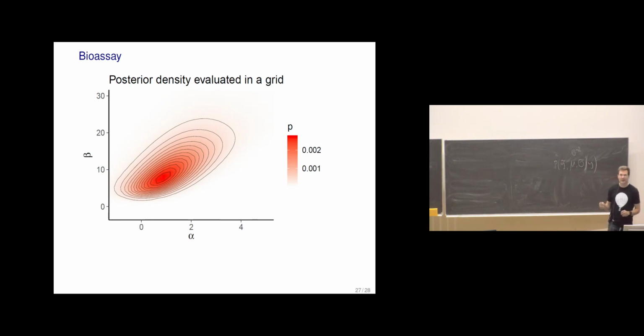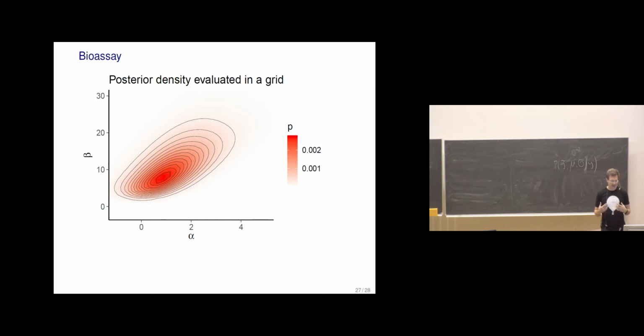Now for the computation, what we can do when we don't have an analytic solution. I have here equidensity contours like I had for the normal distribution, but there's also color. So more intense red is higher density, and lighter colors and white are lower densities.